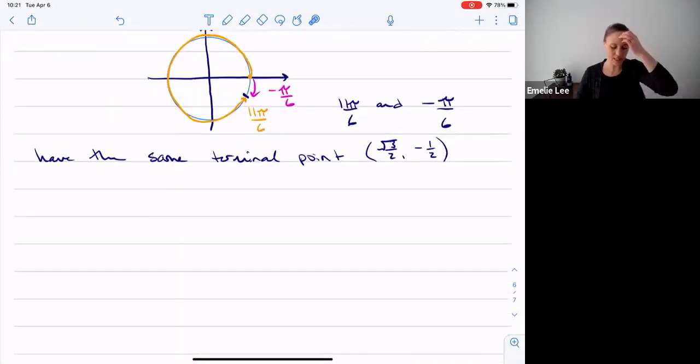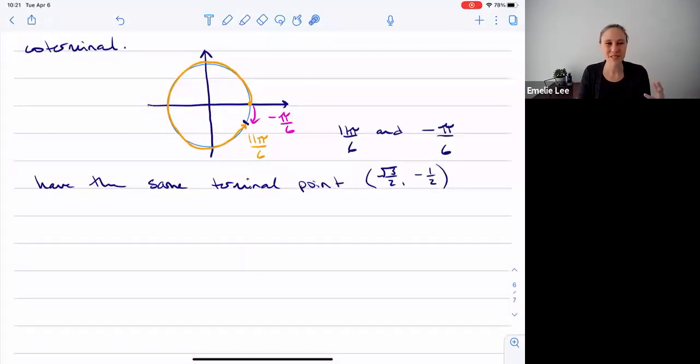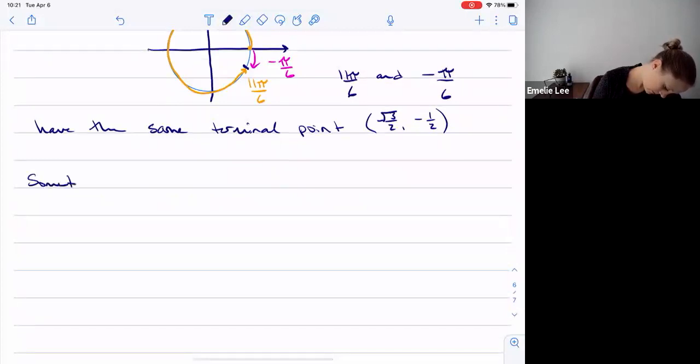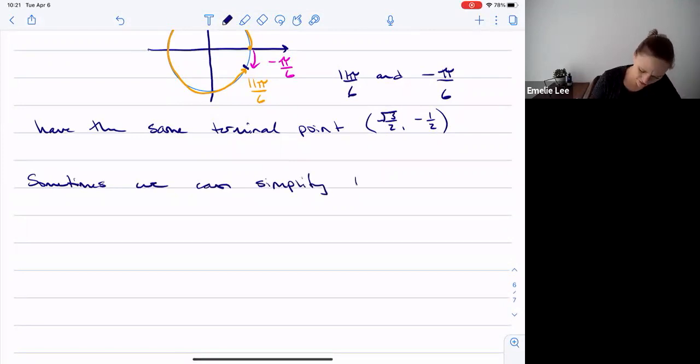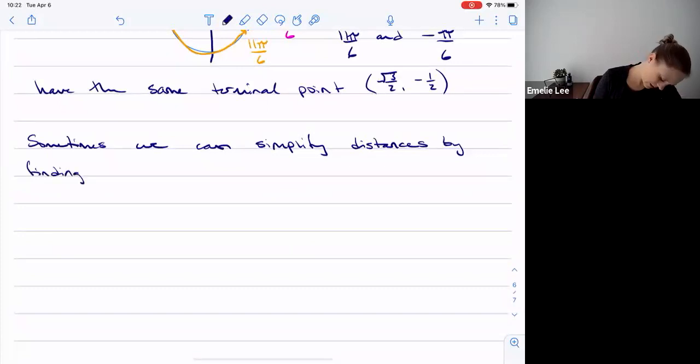What we've seen here is that sometimes we can simplify things. Instead of talking about 11 pi over 6, what if we just talk about the closest distance from the x-axis? That's what we call the reference number.